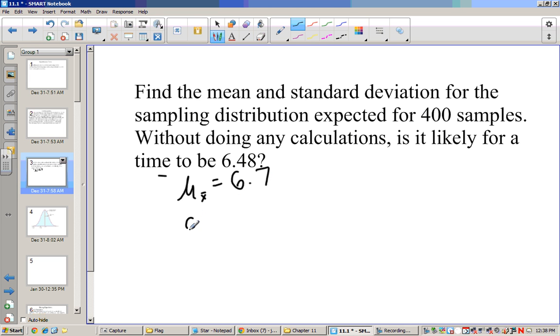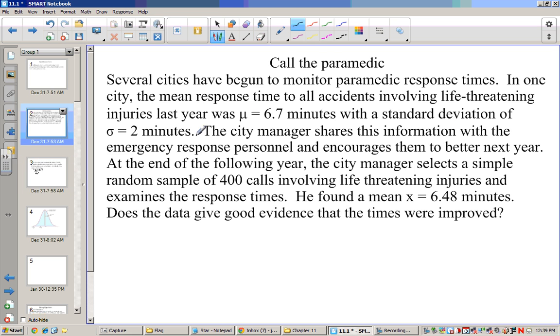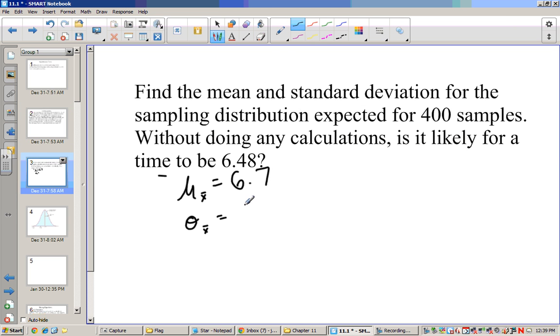Now our standard deviation of x bar is going to be our former standard deviation, which is 2, but now we're going to divide by the square root of 400 because it's a mean of 400. So now we take out our trusty calculators, and 2 divided by the square root of 400, I come up with 0.1.